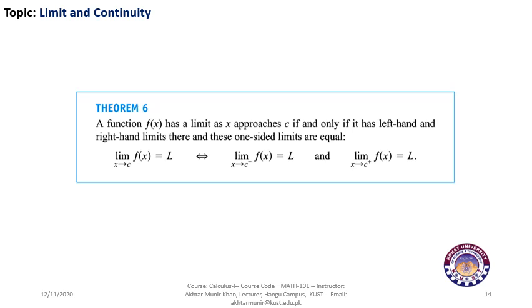Then we will say that the function limit exists at this point c. Whenever from both directions we are coming towards c and we get the same value, then we will say that the function limit exists.